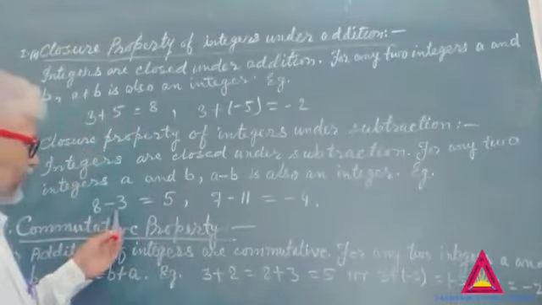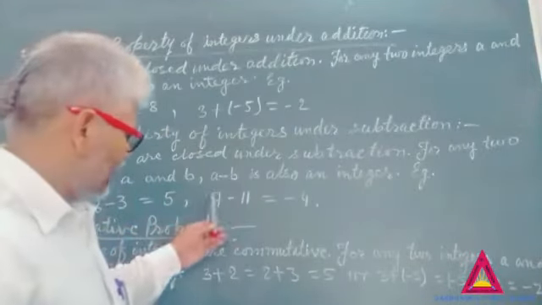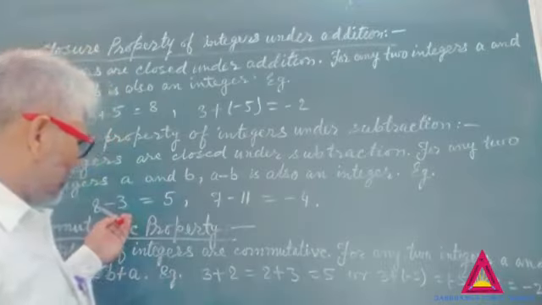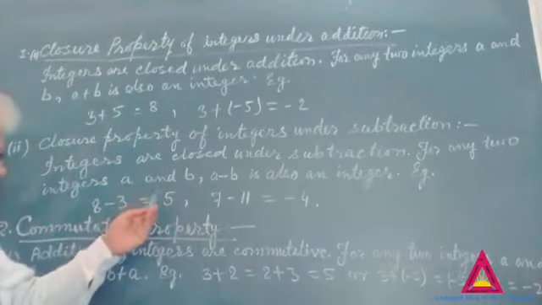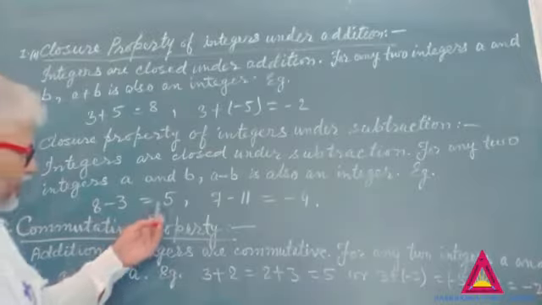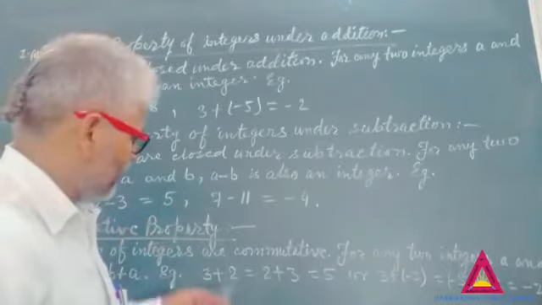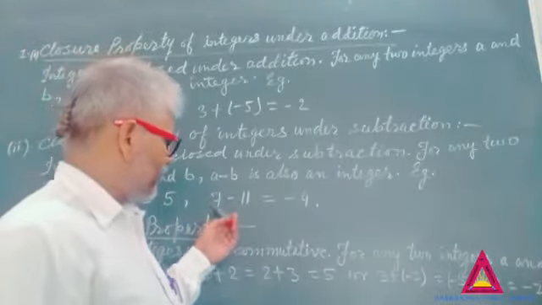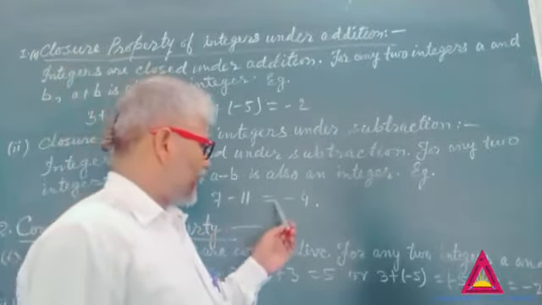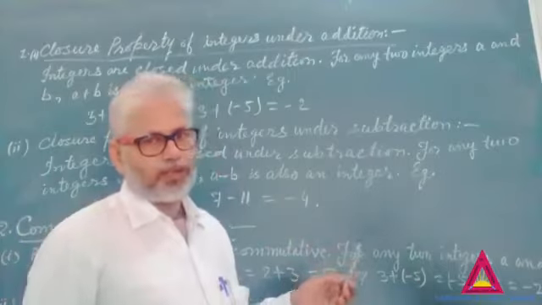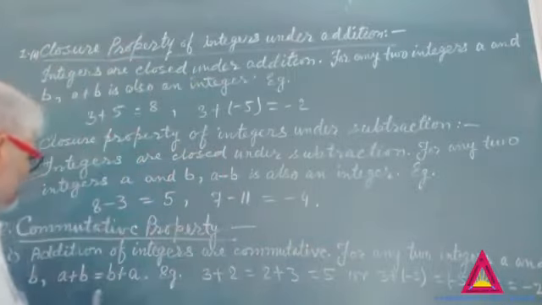For example, 8 minus 3 is equal to 5. Here 8 and 3 both are integers, and after subtraction we get 5, which is also an integer. 7 minus 11: both 7 and 11 are integers, and after subtraction we get minus 4, which also comes under integers.